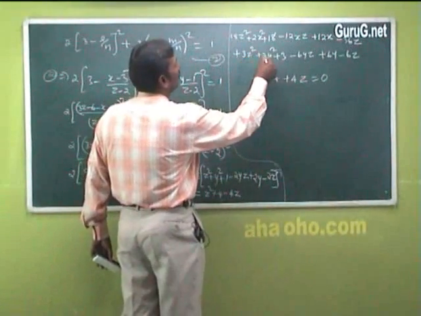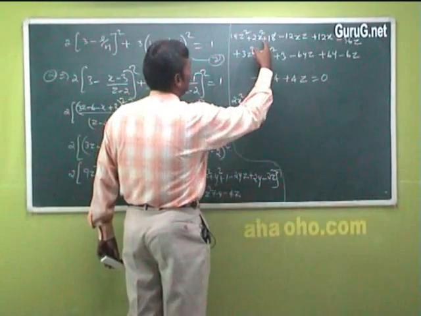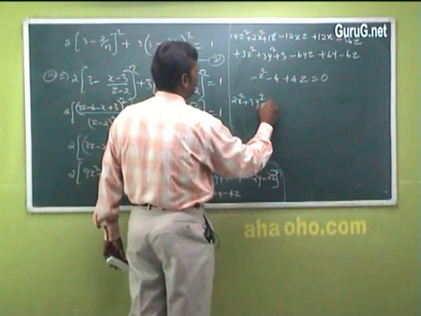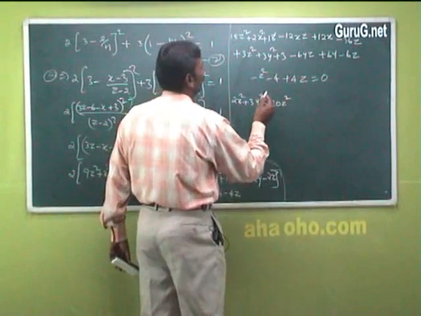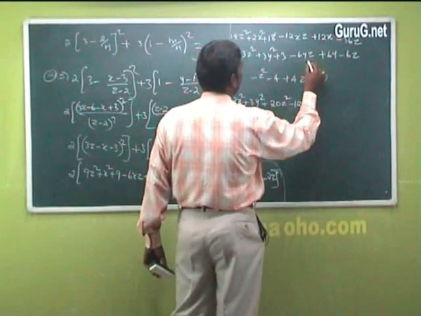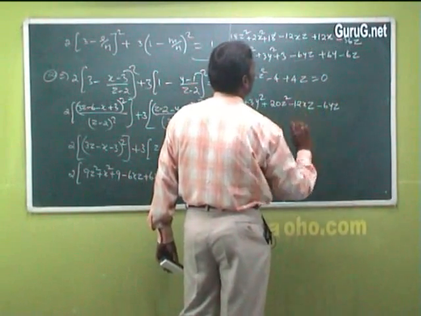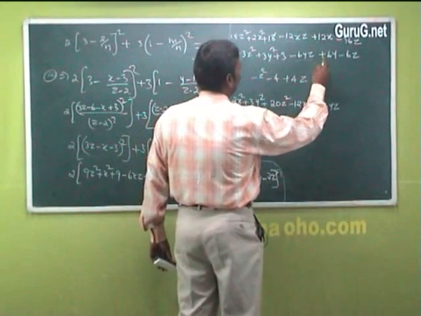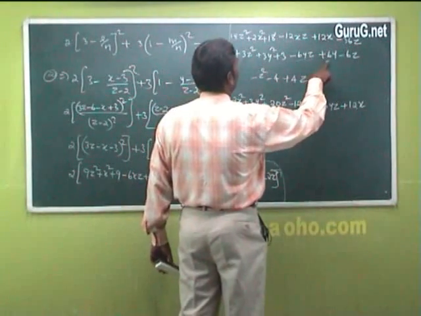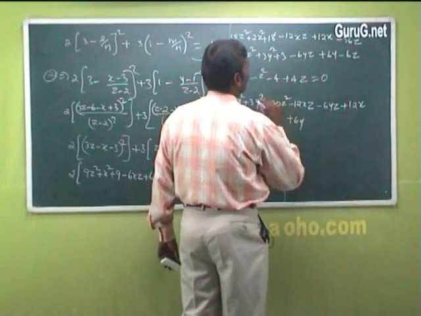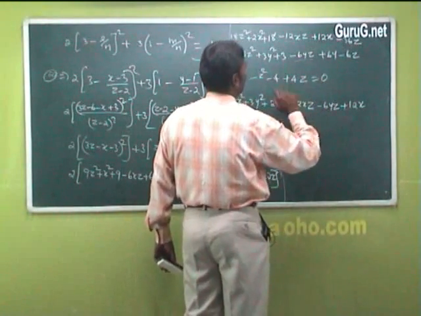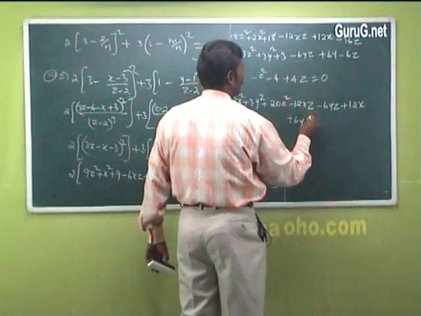Now, so 2x square plus 3y square and 18z square plus 3z square minus z square, so plus 20z square, then xz, so minus 12xz, then minus 6yz, then x, then 6y, minus 36, minus 6, plus 4, how much? 42, so minus 38.